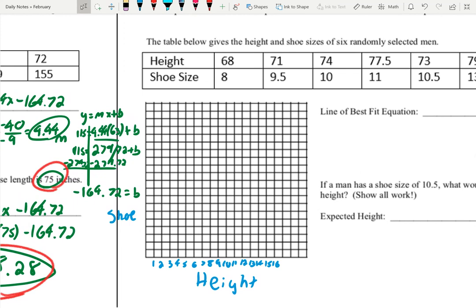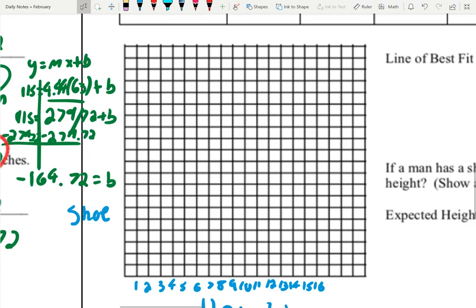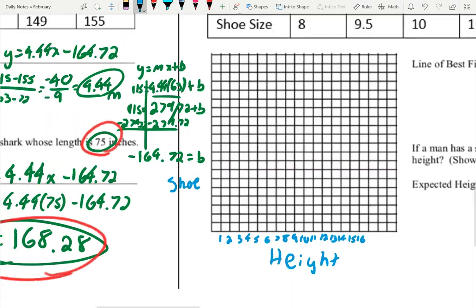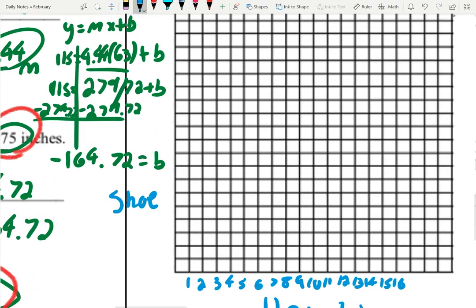And then height, let's see, 68 is our lowest, 79 is our highest. So let's go just by ones, but let's start at like 65. So 65, 66, 67, 68, 69, 70, up to 80.